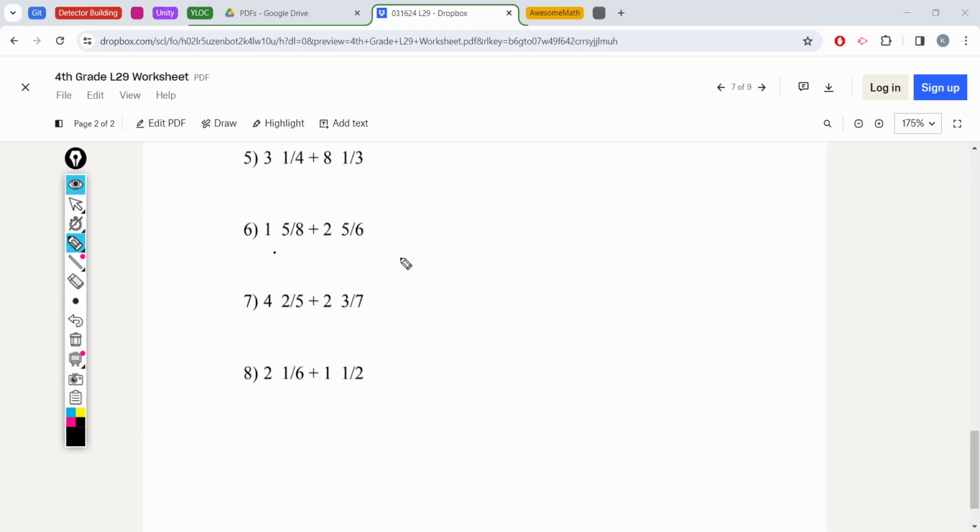I'll solve using the conversion first method from now on. So this will give you 13 over 8 plus 17 over 6. And then now we just multiply to get a common denominator. So all this will be over 48. Or actually, I believe the lowest common denominator for this one is actually 24.